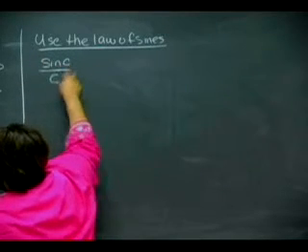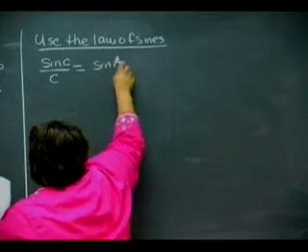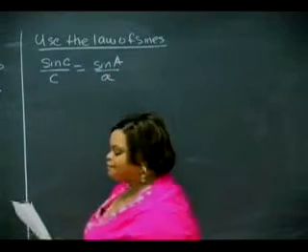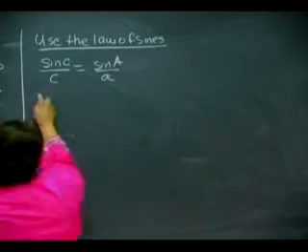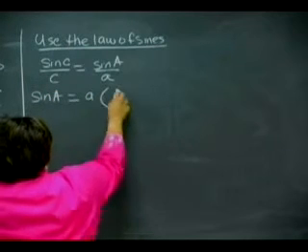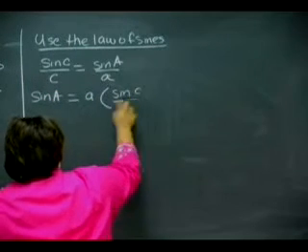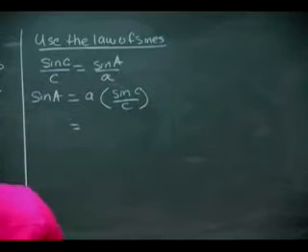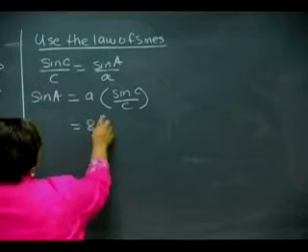Sine C over little c equals sine A over little a, right? So sine A, if we solve for that, we can multiply both sides by little a and put it in here. Little a is 8.